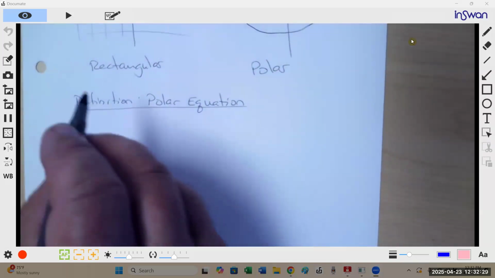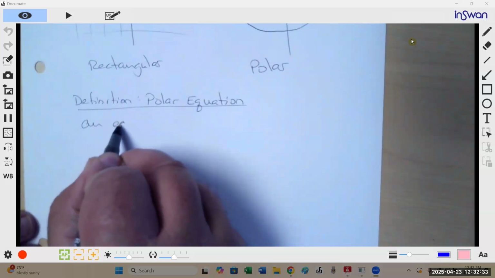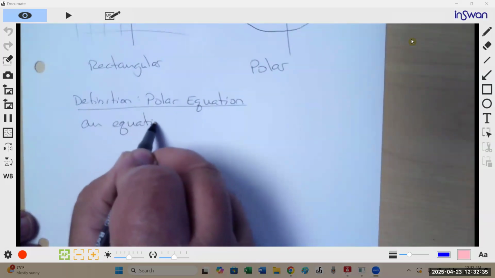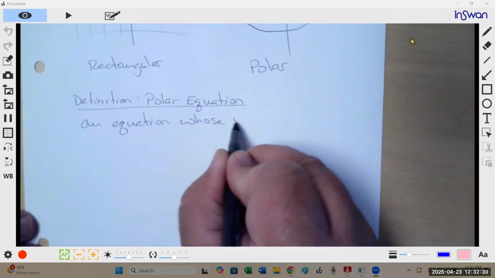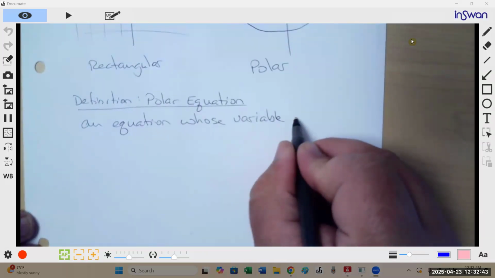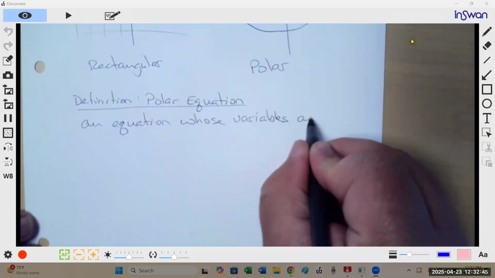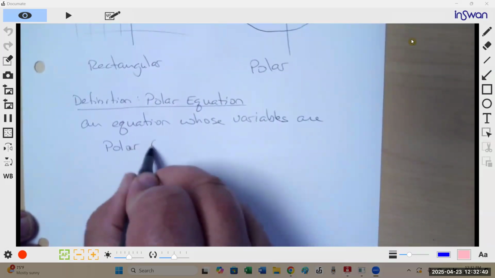So the polar equation is an equation whose variables are polar coordinates.